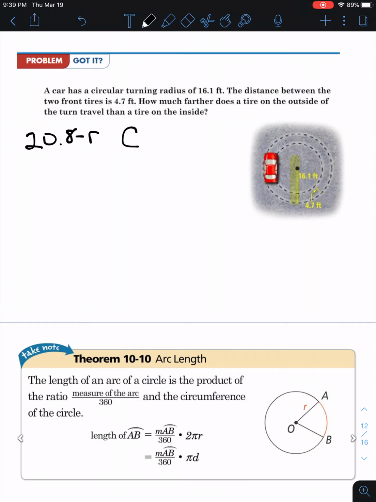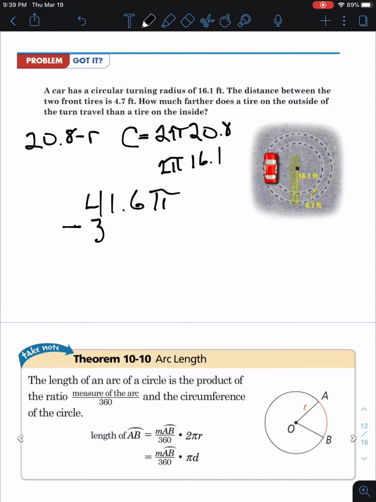So the circumference of that would be 2 times pi times 20.8. The inner would be 2 pi times 16.1, which would give me 41.6 pi for the outer, minus 32.2 pi for the inner.